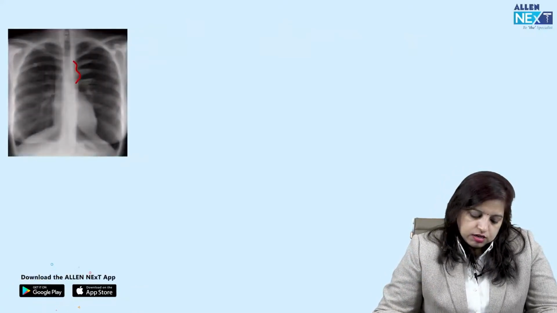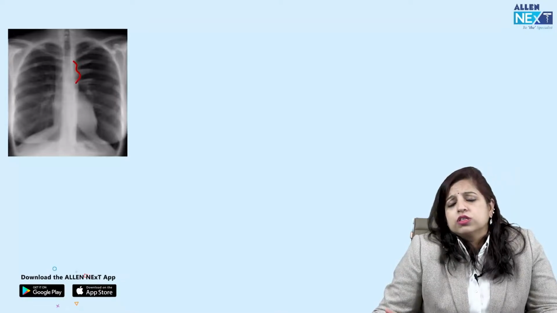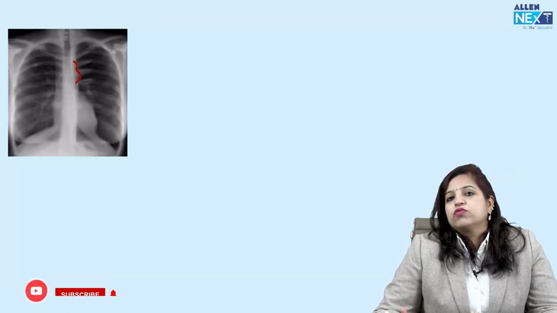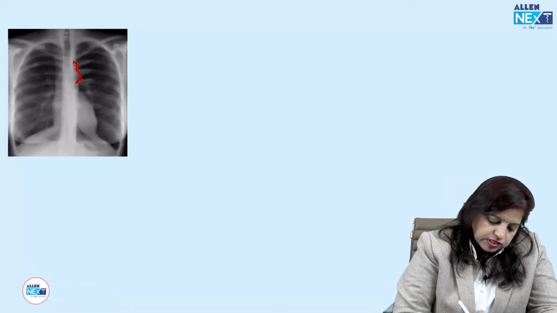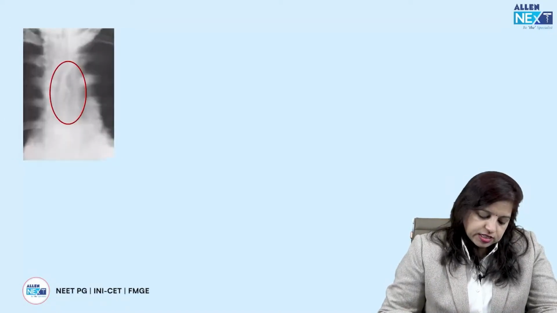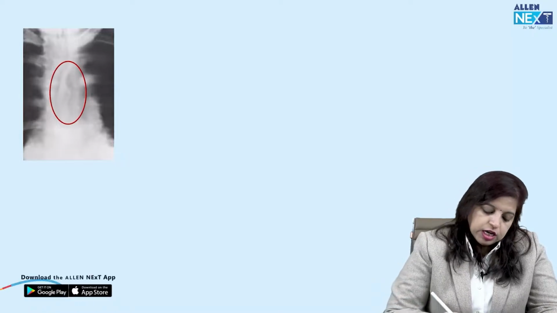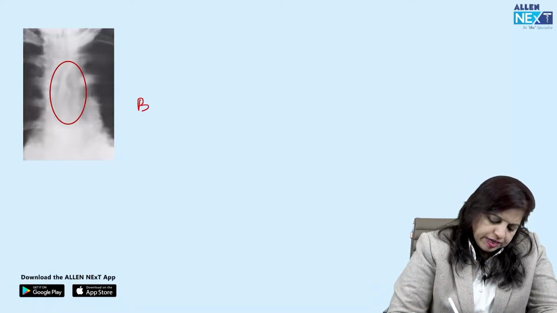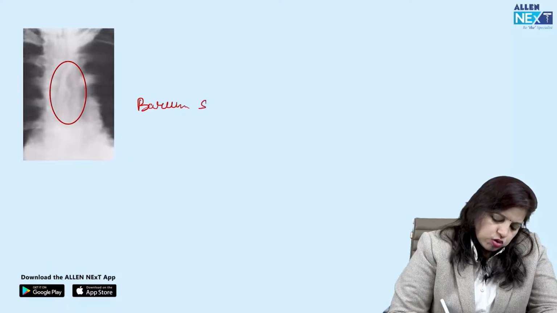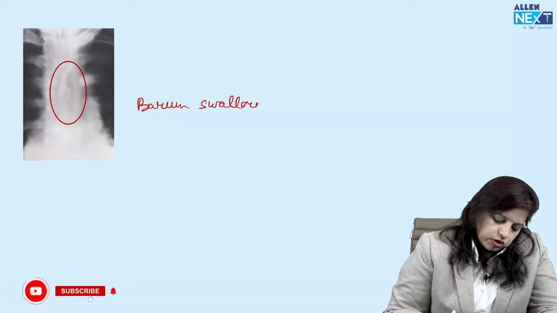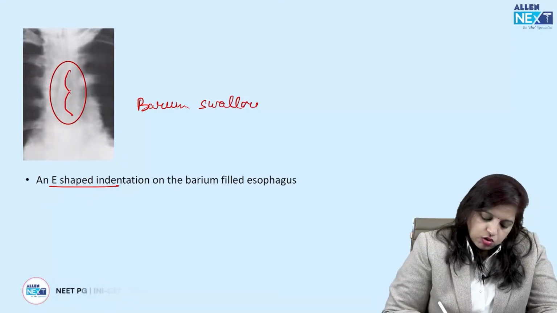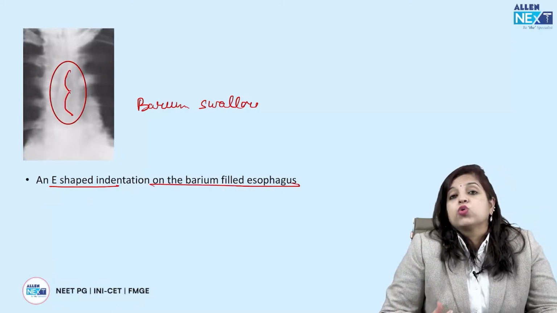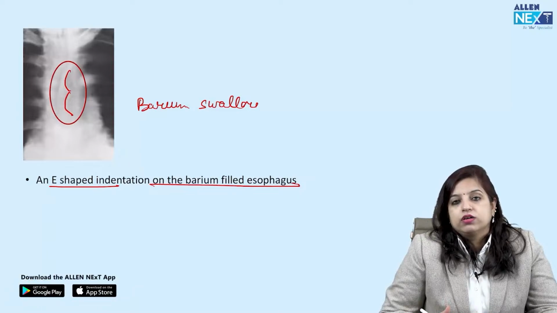Okay. Then, cardiology, so the radiology of coarctation of aorta should be very clear with you. This is the 3 sign which is visible on the over-penetrated chest X-ray film because of the coarctated segment. If you do a barium swallow, what you get to see is an E-shaped indentation on the barium-filled esophagus from the coarctated segment of the aorta, right?